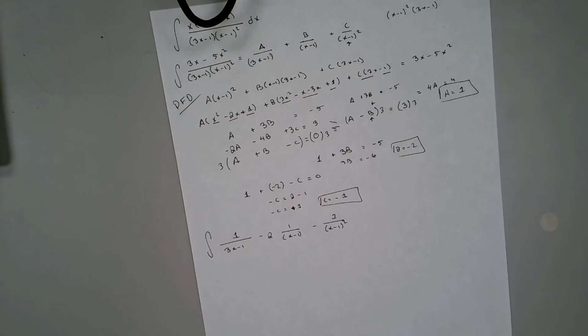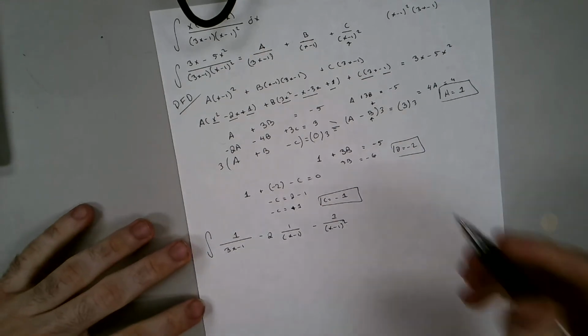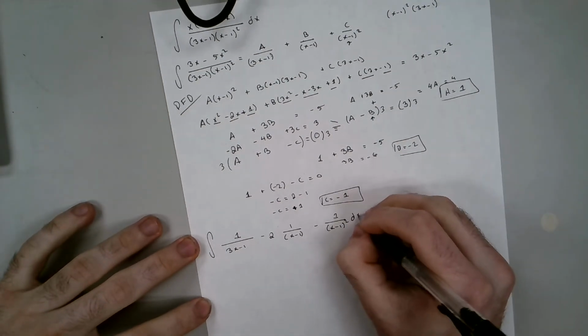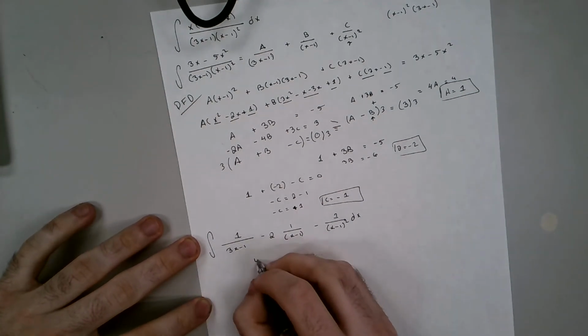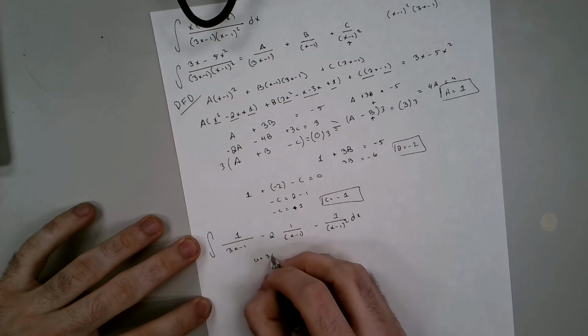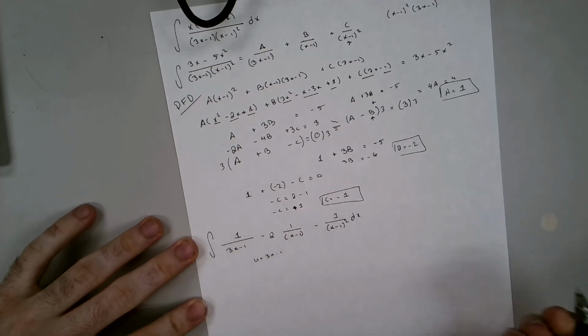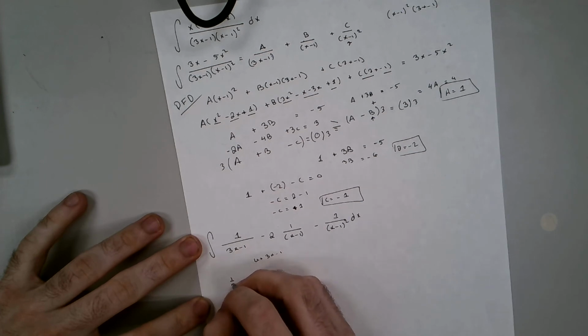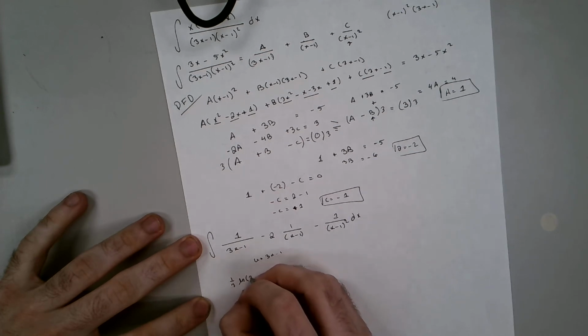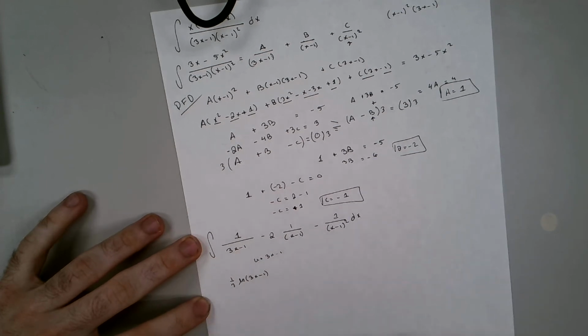Doing that is going to give us, for this one, let's say u is equal to 3x minus 1. Our du is going to be 3 dx, so we're going to get 1/3 ln of 3x minus 1.